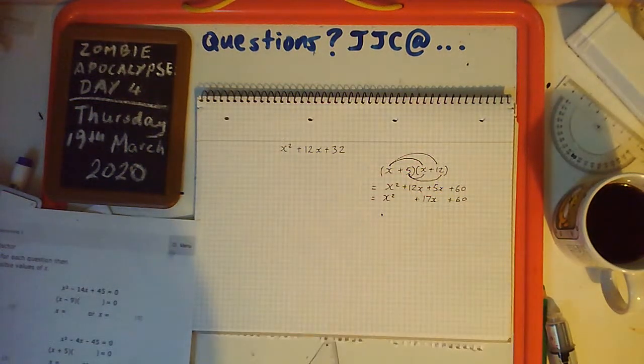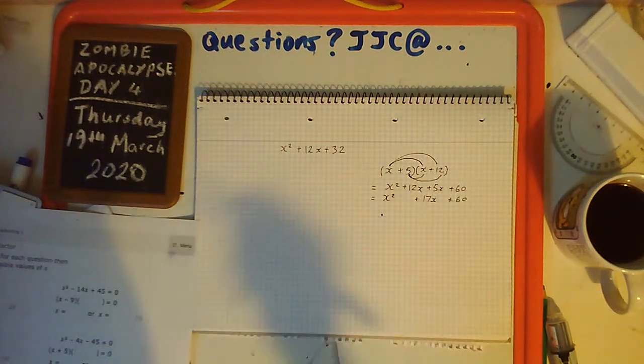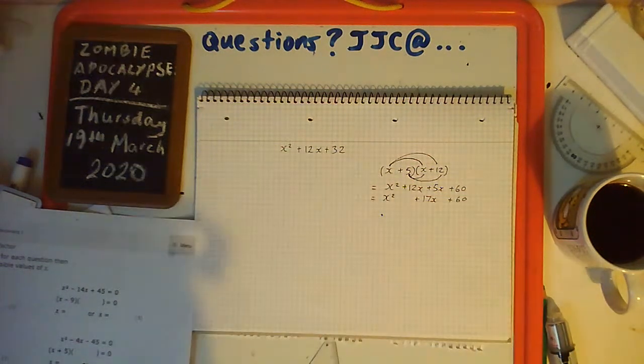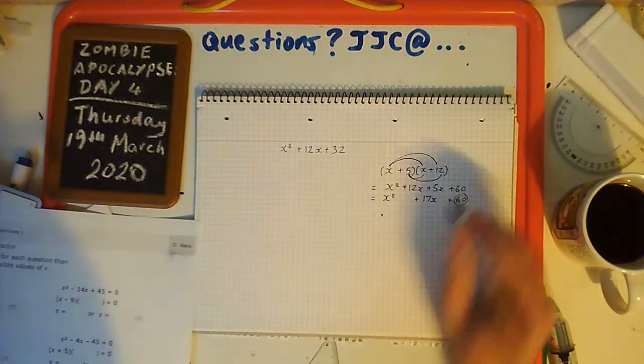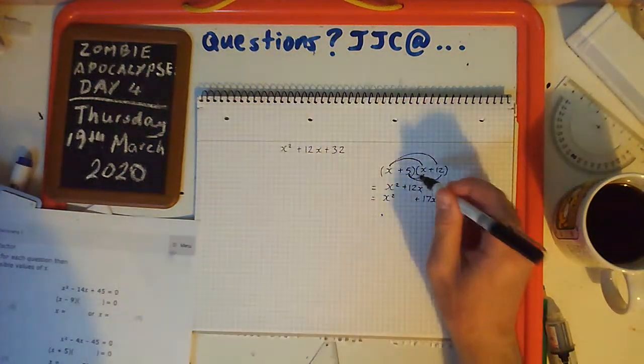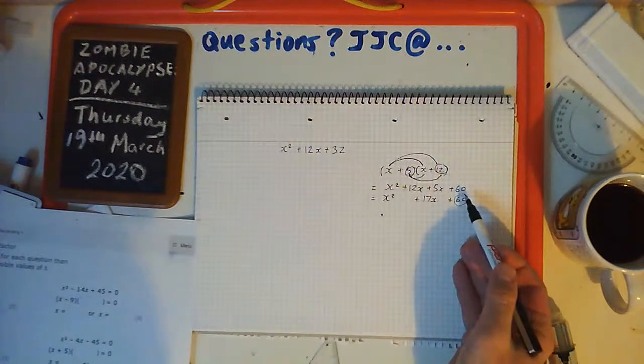And factorization is the process of trying to do that in reverse. I'm going to talk about this as revision rather than trying to teach it from scratch. I do have a couple of good YouTube videos on my channel if you want to see this taught from the beginning. But I'll just remind you, that 60 came from 5 times 12, because we multiplied them together.